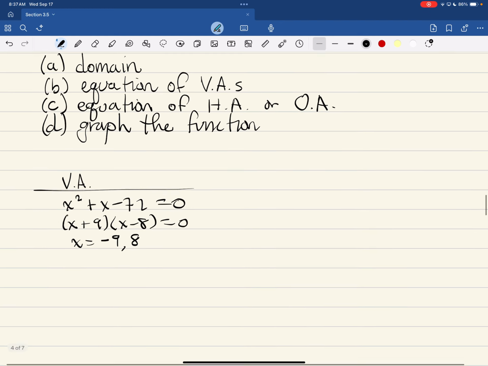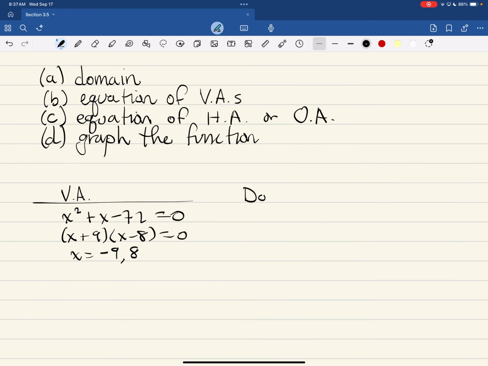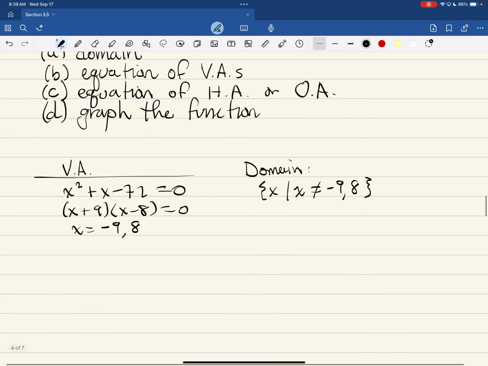What about, I guess the domain is what they want next. It's all the values of x, so x is not equal to either of those. And then what about horizontal or oblique asymptote? Highest powers divide themselves.